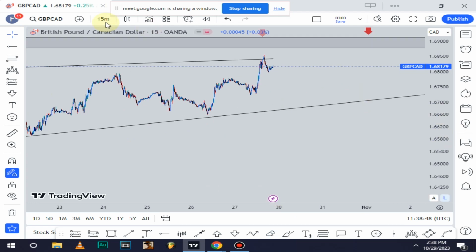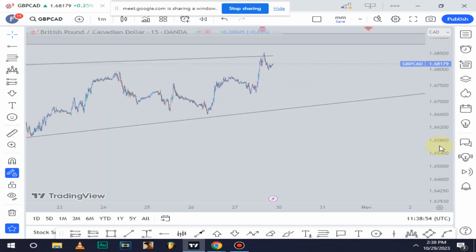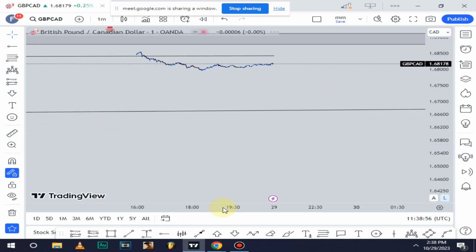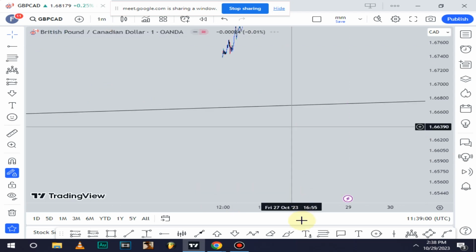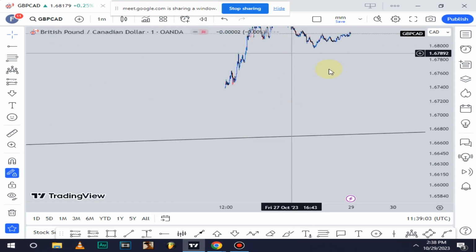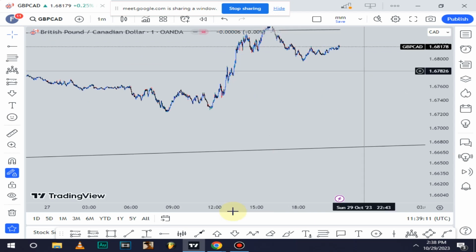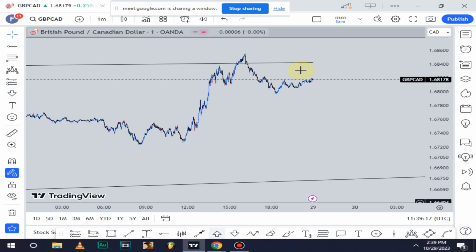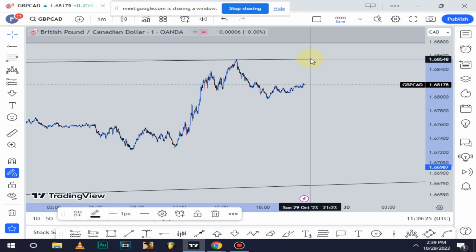Let me go back to the 1 minute and see what's happening around this zone. So at the 1 minute, I can see some sort of bearish momentum.